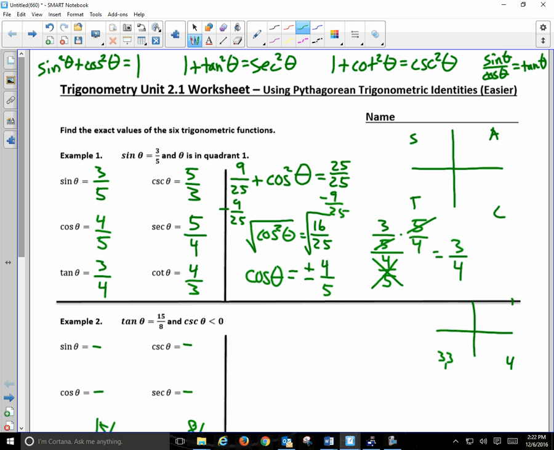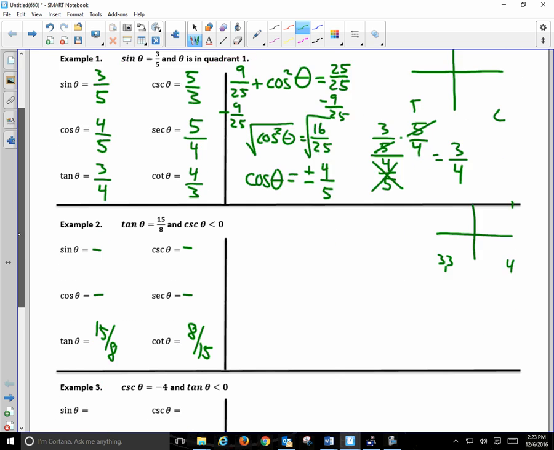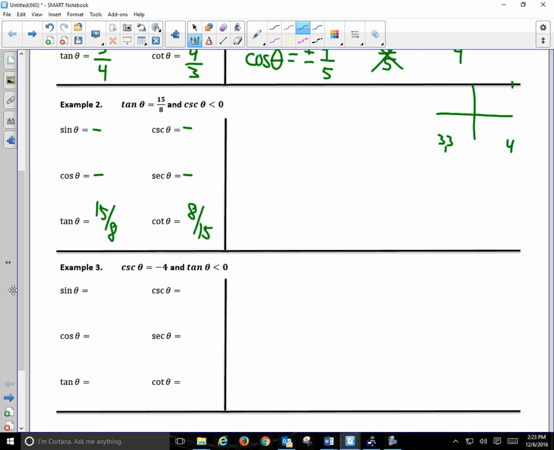Which formula should I be using now? Sine squared plus cosine squared, 1 plus tangent squared, 1 plus cotangent squared, or sine over cosine? Which one? What do you think? I am going to use the second one here, because I have a 1, I have the tangent, and that will allow me to solve for secant squared. The other ones are going to be a little bit more challenging because I'm missing 2 pieces of information. So I'll go 1 plus tangent squared.